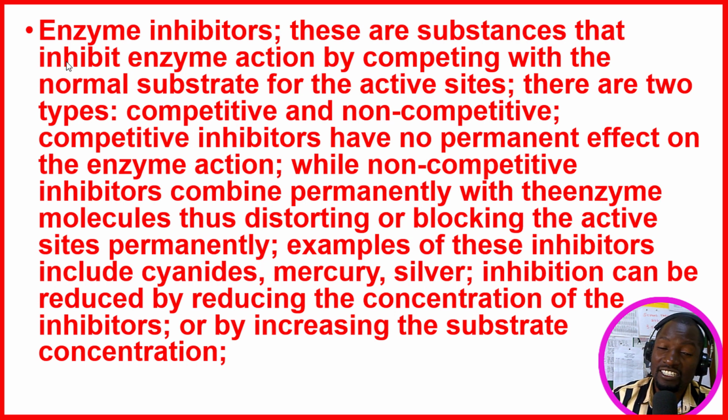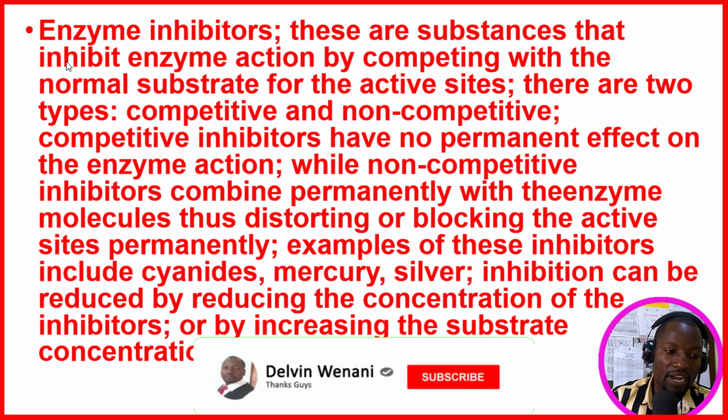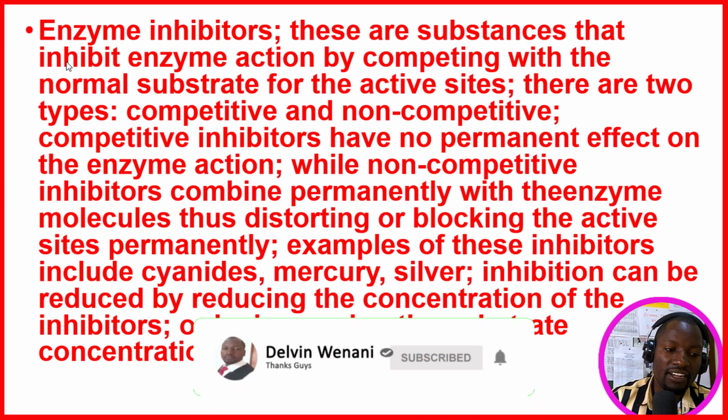Now, competitive inhibitors have no permanent effect on the enzyme action, while non-competitive inhibitors combine permanently with the enzyme molecules and thus distort or block the active sites permanently. Now, examples of these inhibitors include cyanides, mercury, silver.